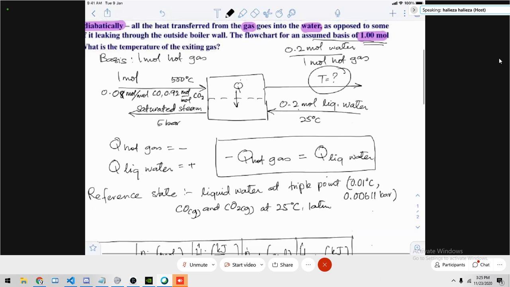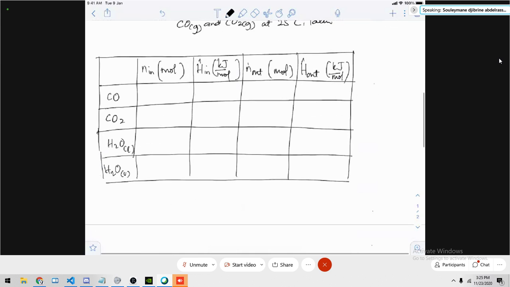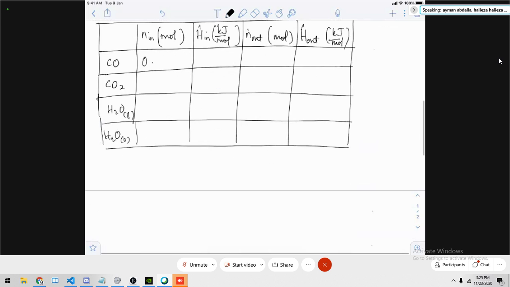Okay, coming in, carbon monoxide and carbon dioxide. The total flow rate is 1 mole. So what is the number of mole of carbon monoxide? You have the composition there. 0.08. And the other gas, carbon dioxide, 0.92.